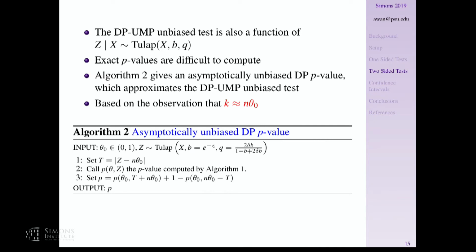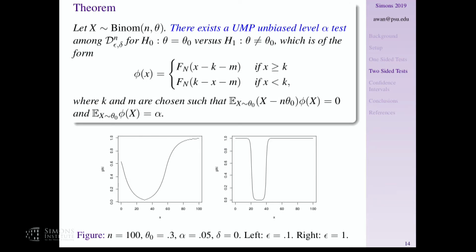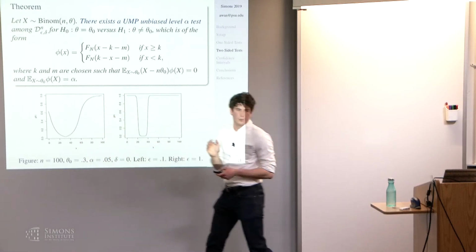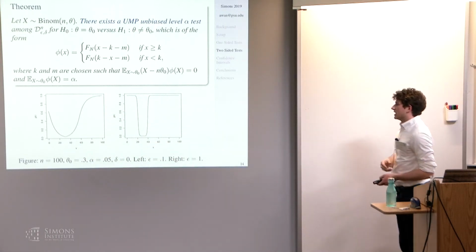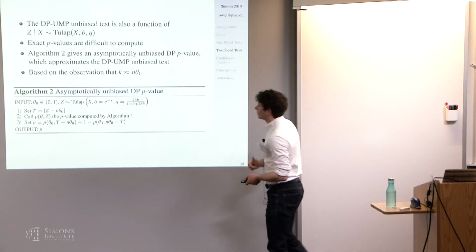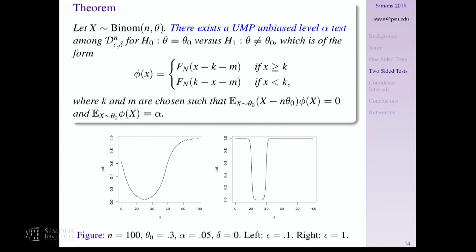So we notice that k, although it depends on alpha, as the sample size increases, k gets very close to n theta 0. So the center here where we change sides is close to the mean of the binomial. And as the sample size increases, it converges to that. And so what we could do is just choose k as n theta 0, so that would eliminate this constraint, and then we would still set the size as alpha.